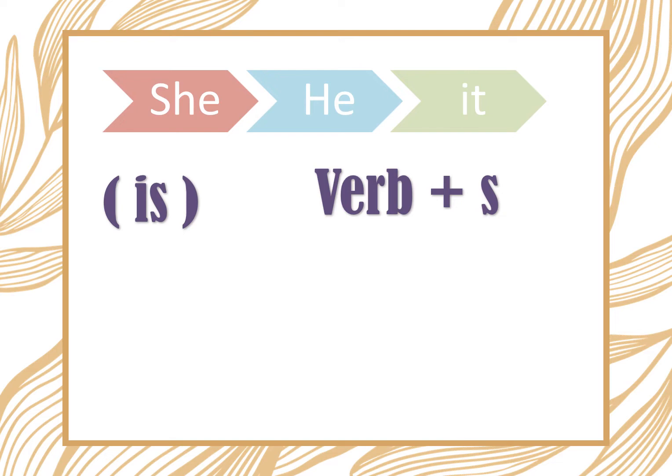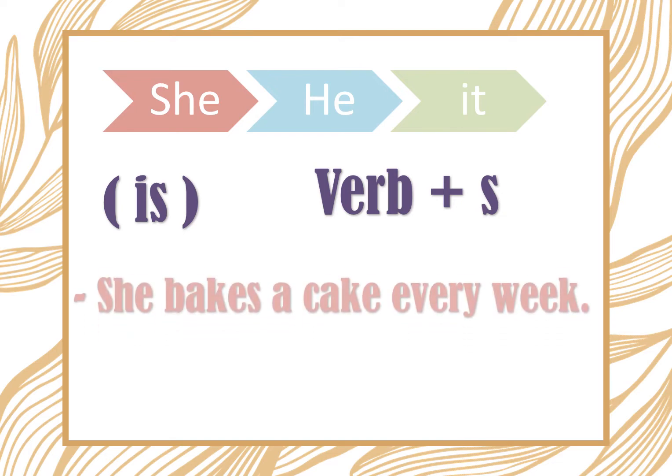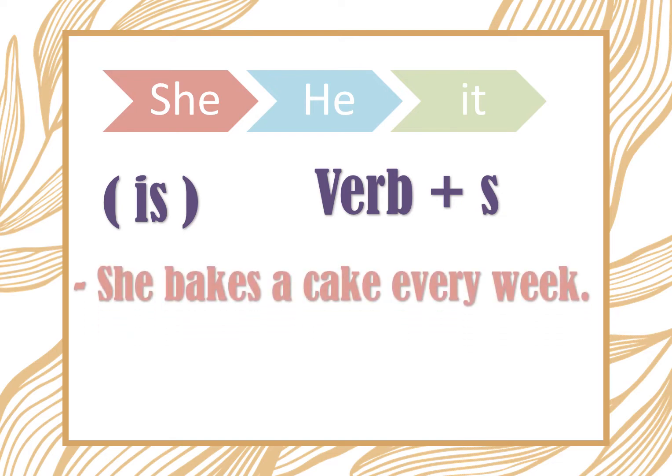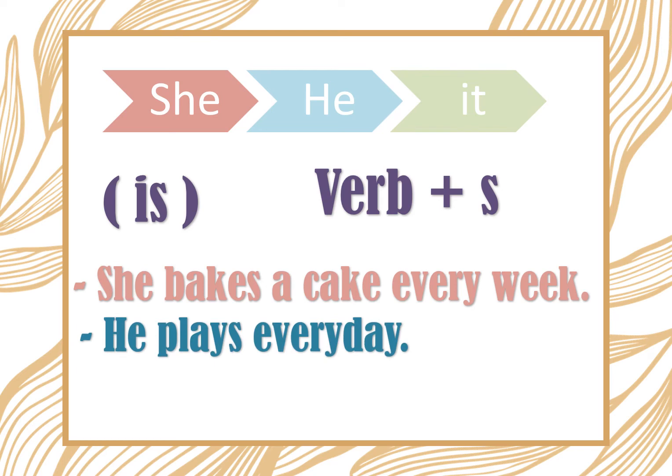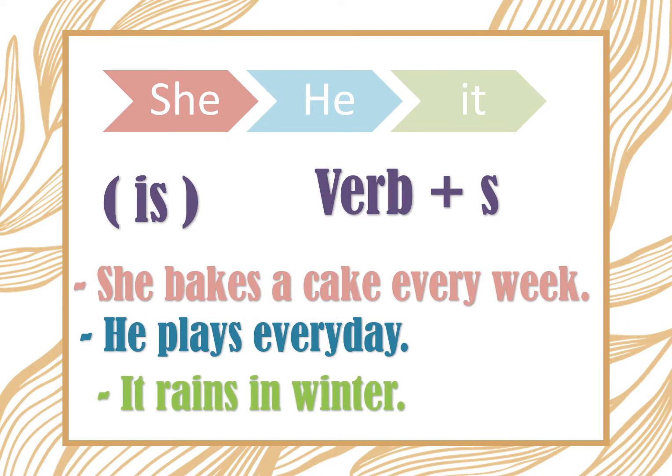To have more examples here: she bakes a cake every week. He plays every day. It rains in winter. Of course, here we didn't use any keyword because it's a fact.